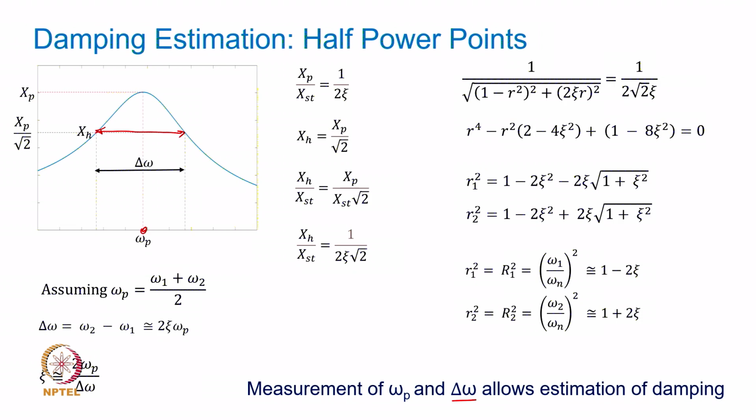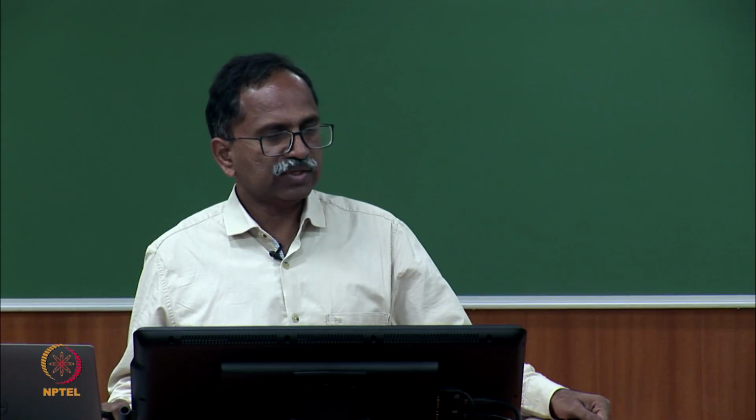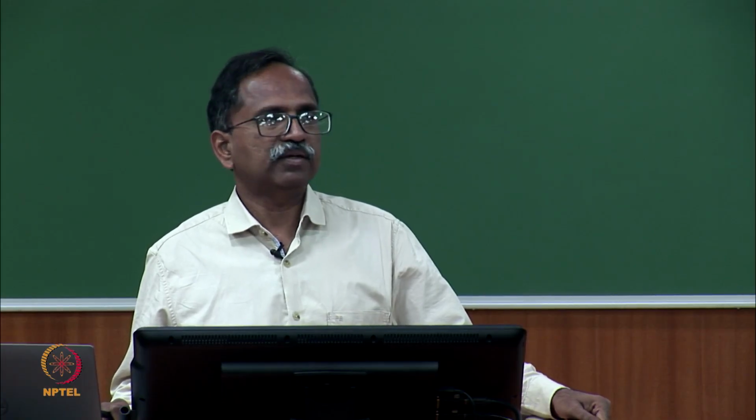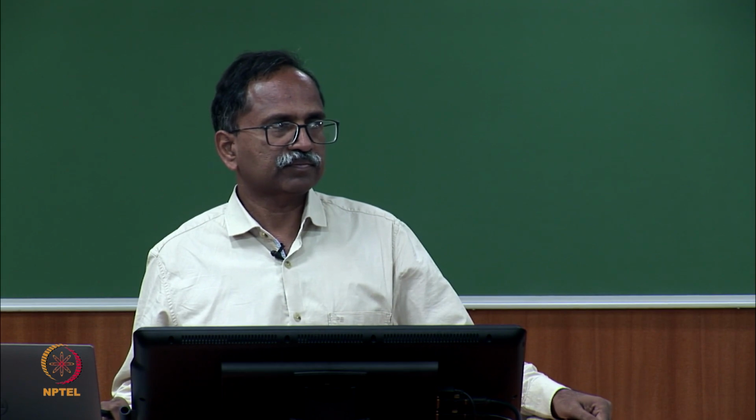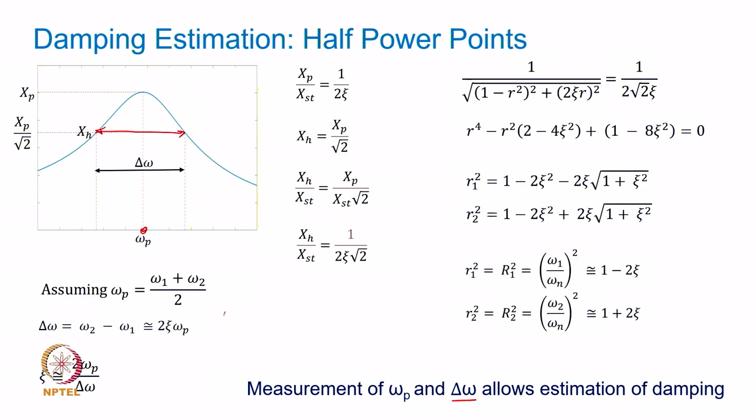What is going to be a challenge in using this method of estimation of damping? Suppose I have a vehicle chassis which is being tested for its overall structural damping. People do testing on the chassis, the body in white test, they call it. Now, there you do not have any excitation mechanism.